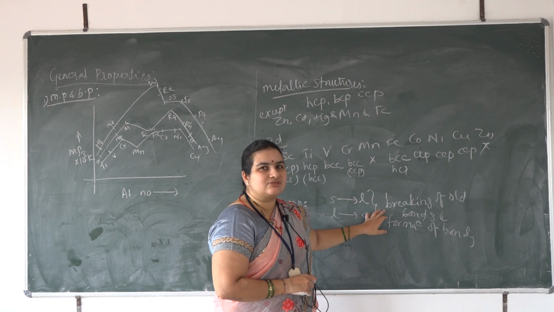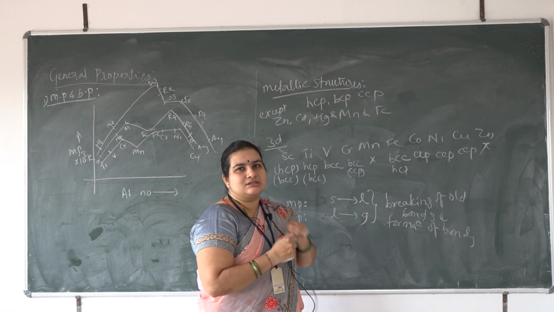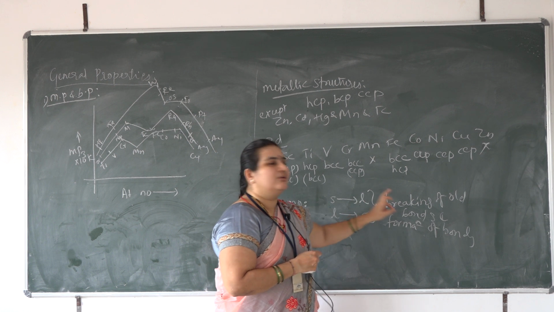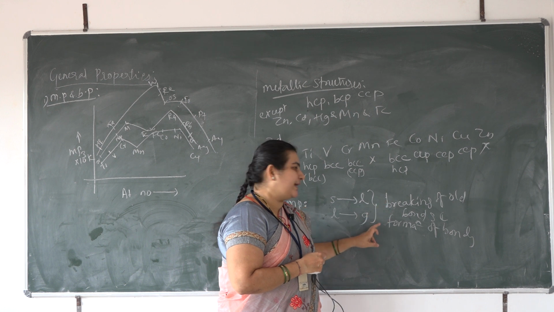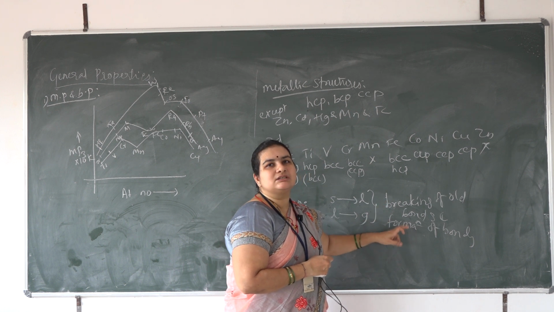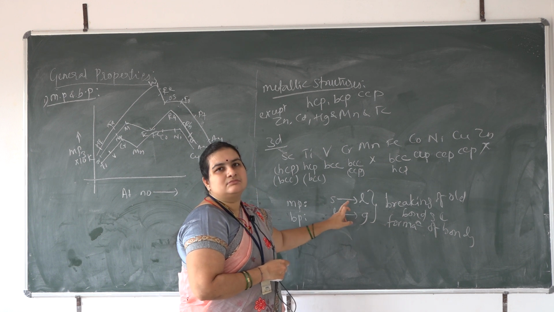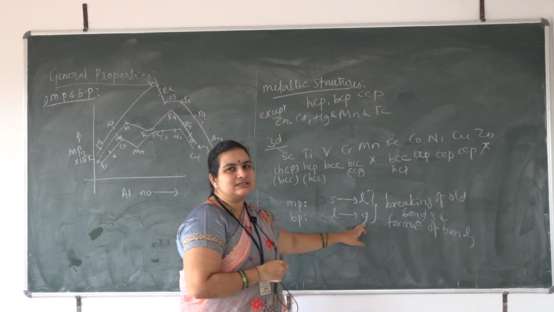Break the old bonds present in the solid, which are tightly held. Then in the liquid, bonds are loosely held. So first break the bonds between the molecules, then form the new bonds between the molecules, so that the process of solid to liquid or liquid to gas takes place.